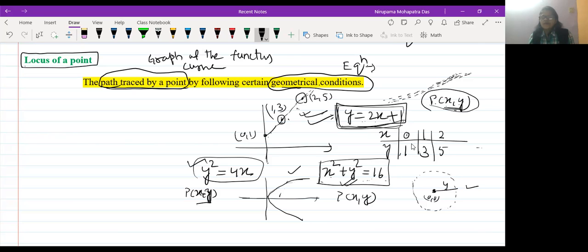In every topic, like parabola, ellipse, circle, you will come across the term locus, so I thought I would introduce the term here. So the locus term will not be new to you. Locus is basically the path traced by a point following certain geometrical conditions.